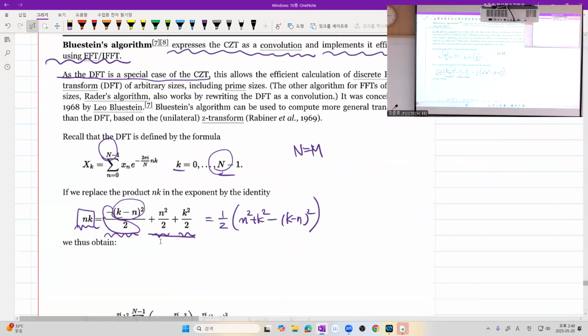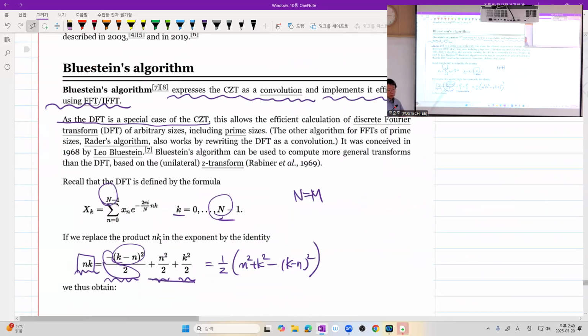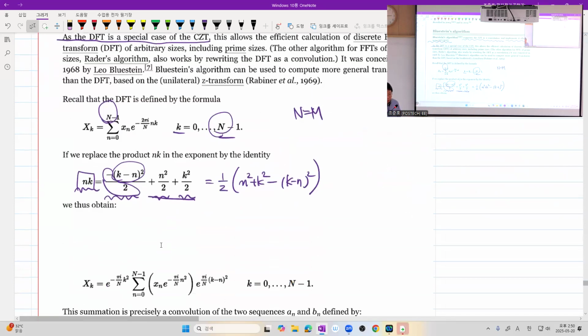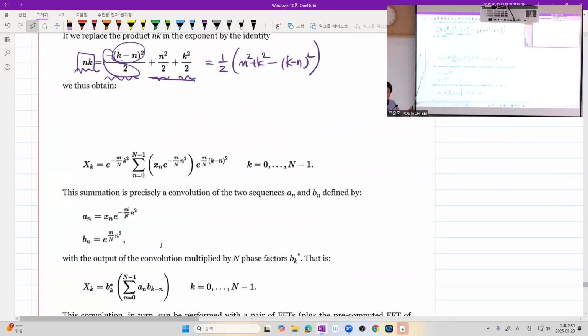But the idea is the same. This is the idea of Bluestein. So the key is replacing this product in the exponent, nk, in this form. And you factor some part out of the summation and define the summation as a convolution.